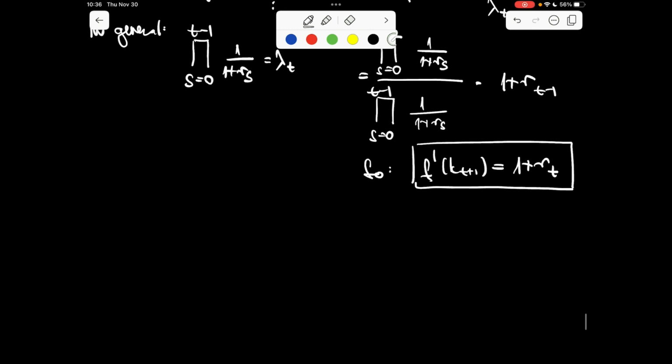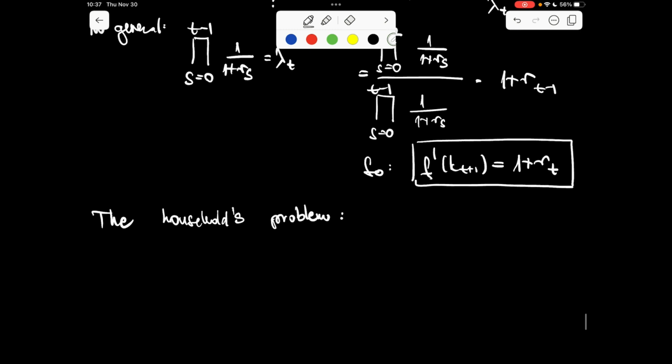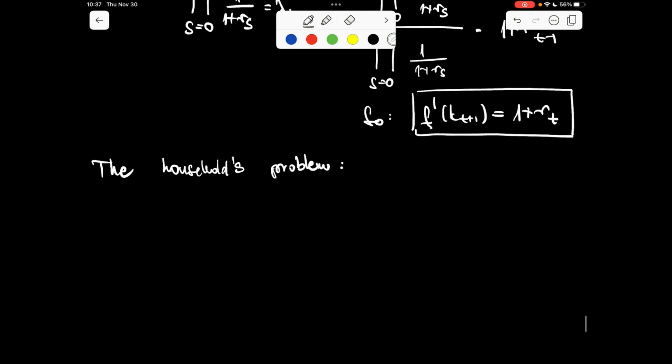Okay, so there is a unique price system. The household, we will use this part of the formulation later, so it's gonna be useful.